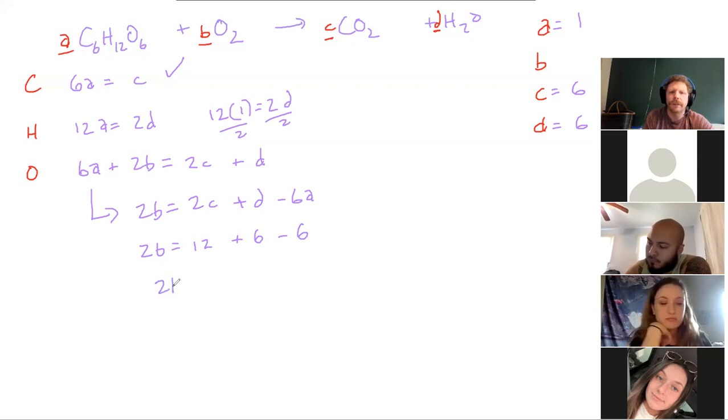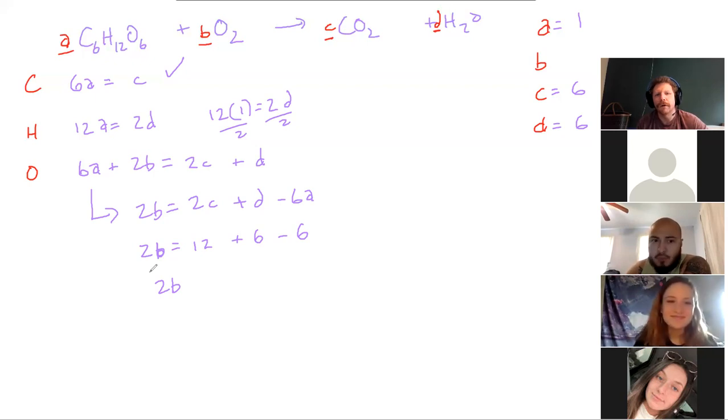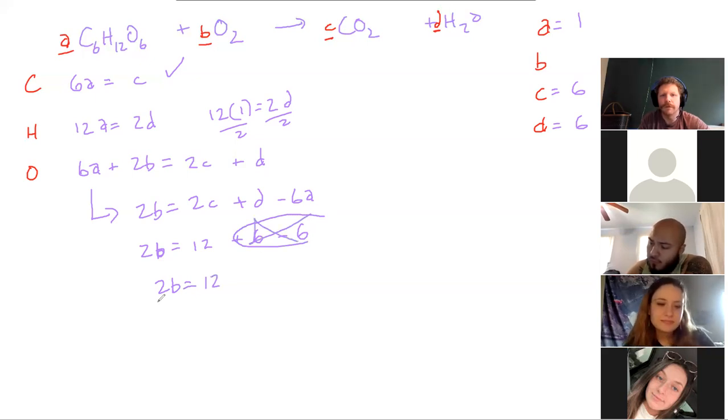And you see my poor handwriting show up, that looked like a 26 for a second, and I had a micro or maybe a nano panic attack because I was like, uh-oh, 26, that's not right. So 2B is equal to, well, these basically cancel one another out. 2B equals 12, divide by 2, divide by 2. B equals 6.